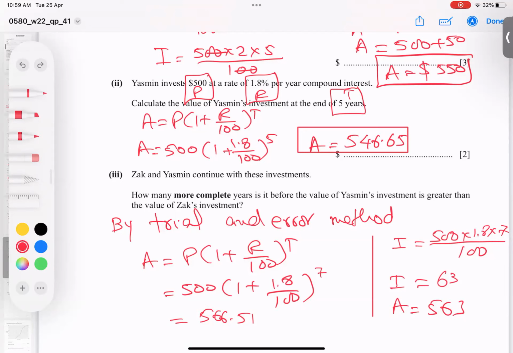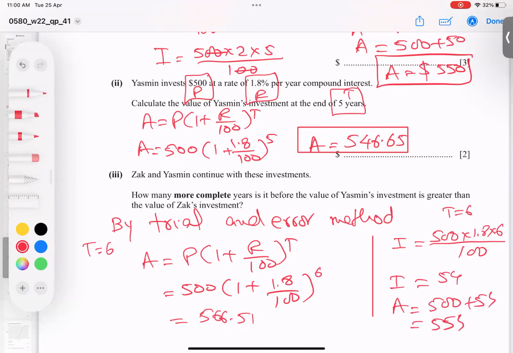Because he said how many years before Yasmin's investment is greater. But what is the best technique? You have to show and convince the examiner. So first we will try with 6. When I check with 6, students, what happens? I get 54 here with T equal to 6. Here also T equal to 6. So I get 500 plus 54, and I got 554.